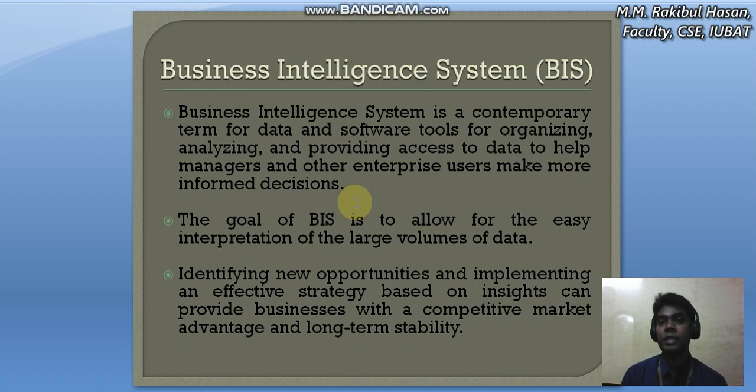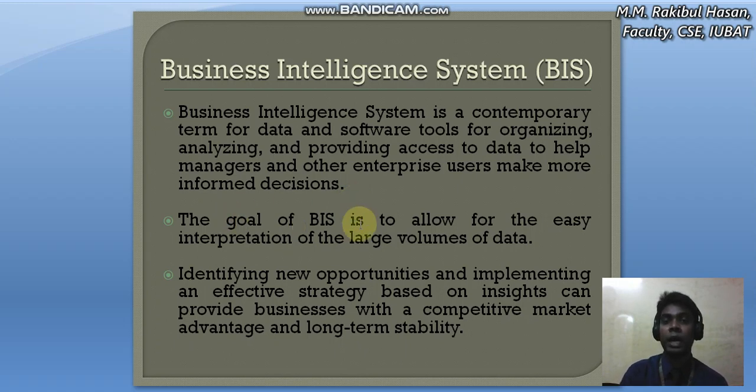Inside this BI we have a number of strong algorithms and analytical tools. Through these analytical tools we can do data mining, and we can find accurate, correct, timely information. On the basis of that information we can make more structured decisions.